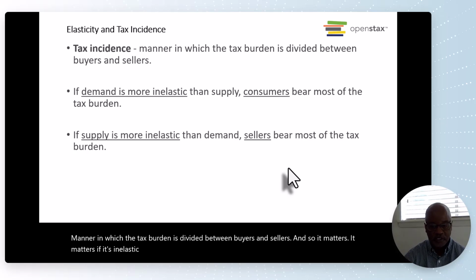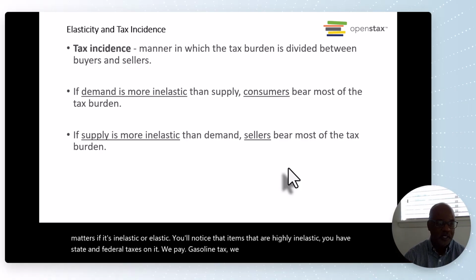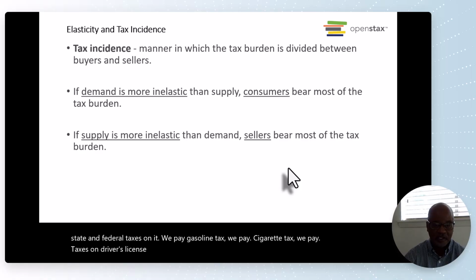You'll notice that items that are highly inelastic have state and federal taxes. We pay gasoline tax. We pay cigarette tax. We pay taxes on driver's licenses. We pay taxes on things that are inelastic. So if demand is more inelastic than supply, consumers bear most of the tax burden.